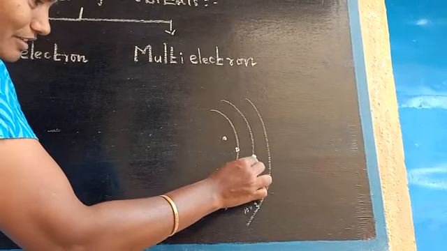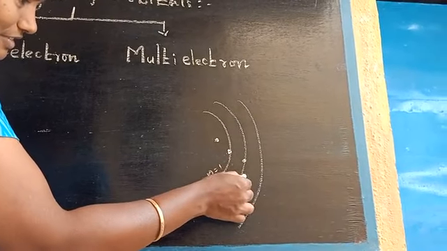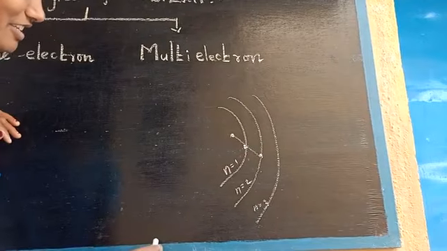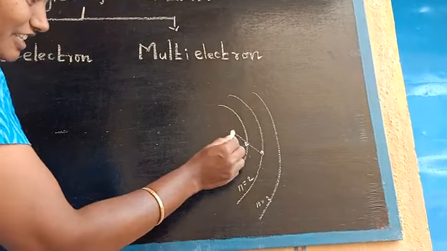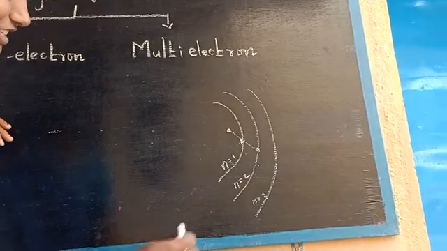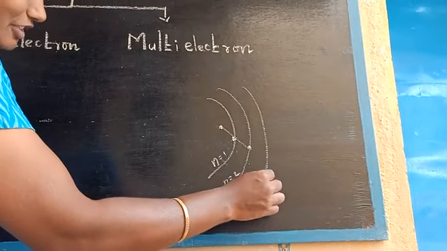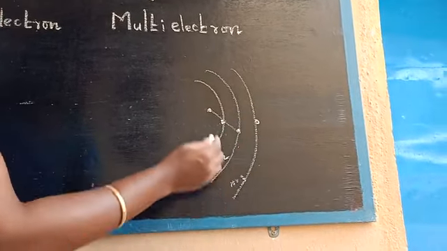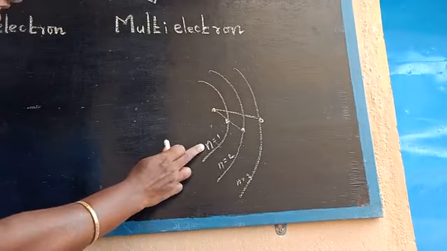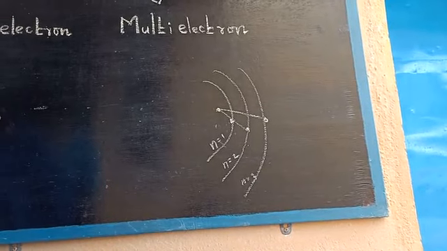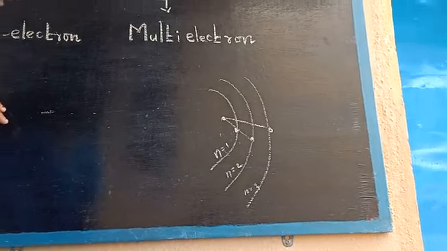And next, if the electron is present here, now the distance increases. So what about the energy? This energy also increases. Now take n is equal to 3; if the electron is present here, the energy level increases. This depends on the n value. What is n? N is the principal quantum number.